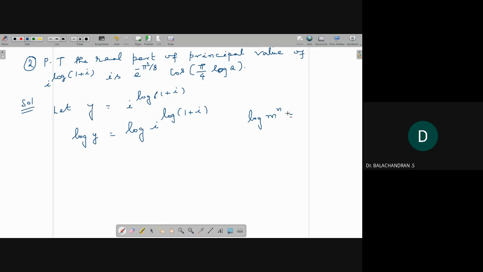So log m power n, you can write what? n log m. So log of 1 plus i, that is n, into log m. What is m? i. So now log of 1 plus i, log i. So multiplication. Okay. So product here.